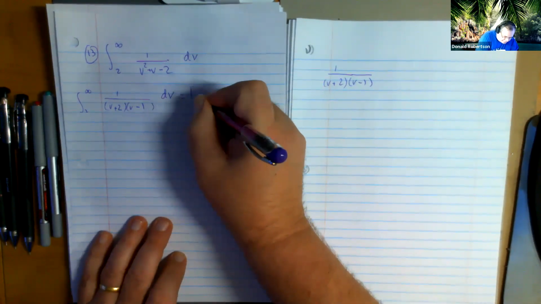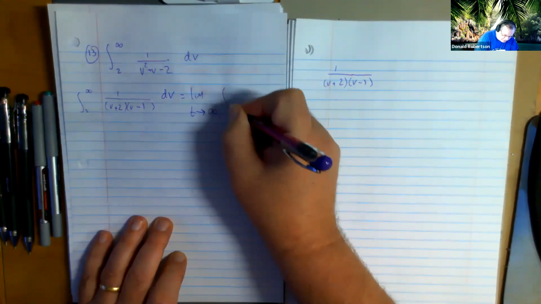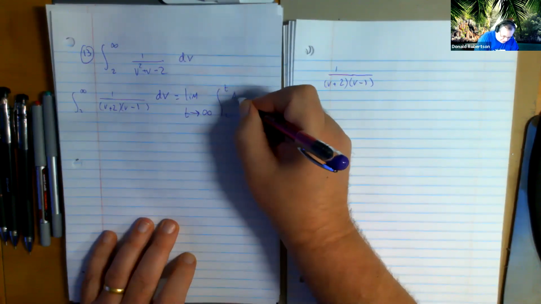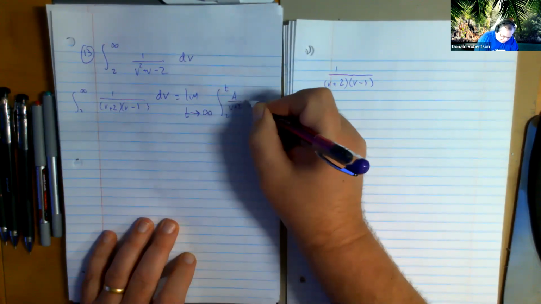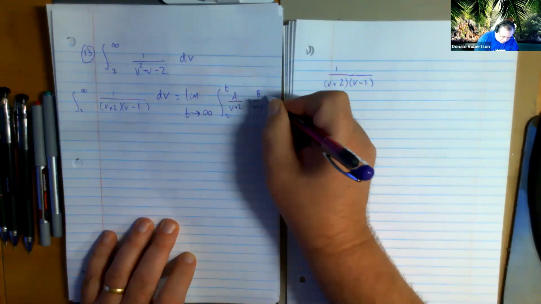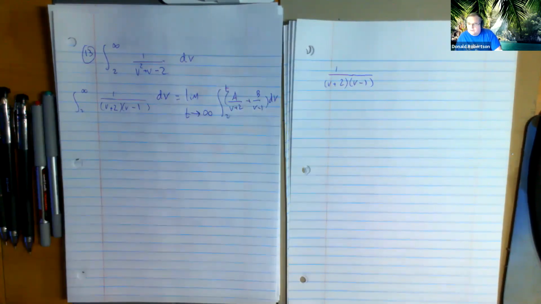And I'm also going to have to do this bit. This is going to be the limit as t tends to infinity of the integral from 2 to t of a over v plus 2 and b over v minus 1 dv. Be comfortable about that in this guy.